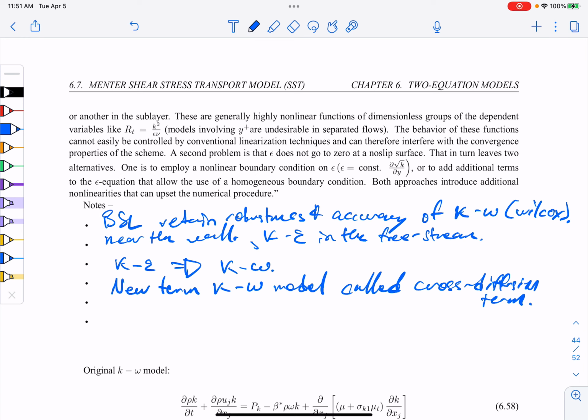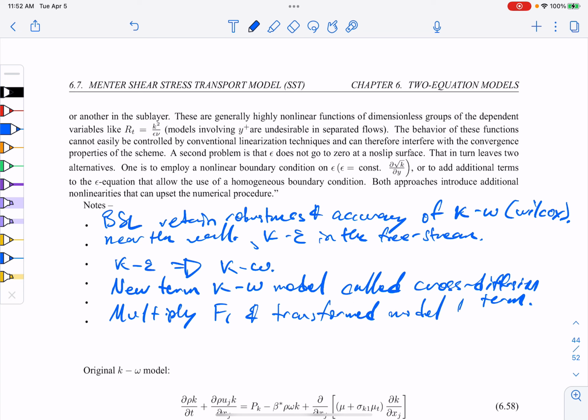And basically, we take the original model and multiply by function f1, and the transformed model by 1 minus f1. And the reason we want to do that is we want to blend it. So if you see, we take two equations and basically add them together, you can vary some scalar f1 from 0 to 1, and they're blended.